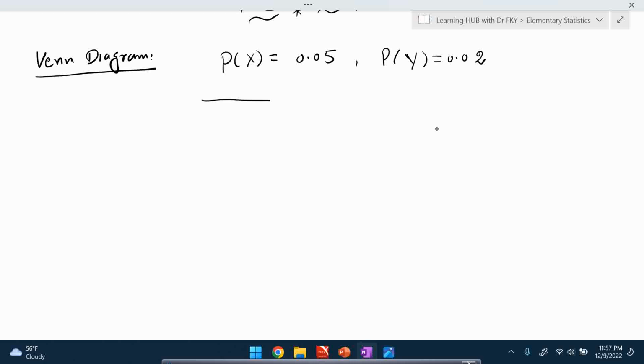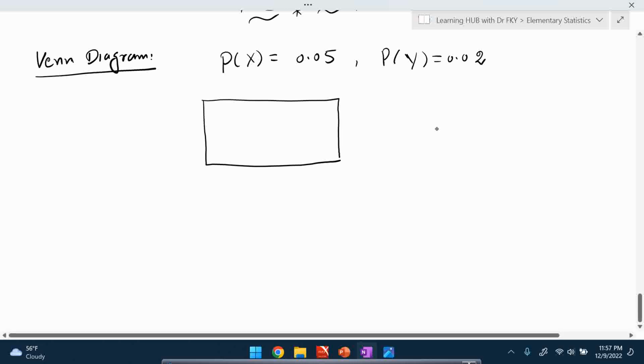Of course, the sample space I will draw like this, by a rectangle. The two events, as mentioned in the problem, are mutually exclusive, so there is no common point. Therefore I will draw like this.